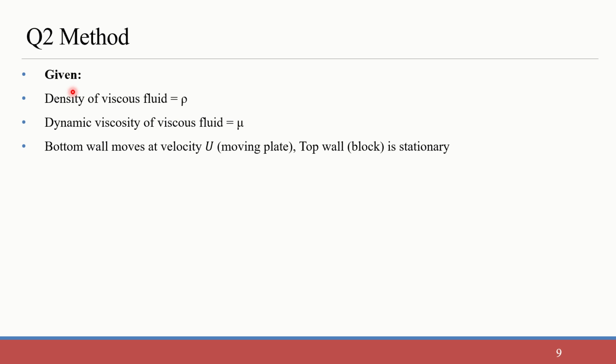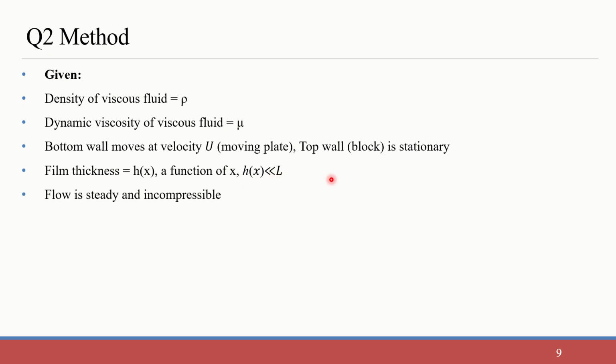The bottom wall is moving at a velocity U, and the top wall is stationary. The film thickness is given as h, which is a function of x, h(x), and it is very small compared to the total length.